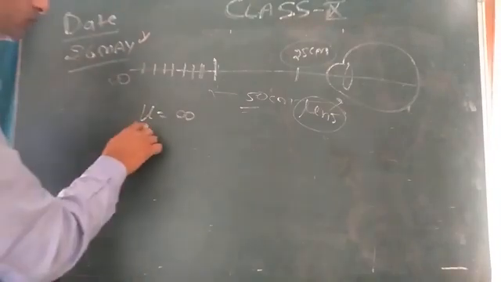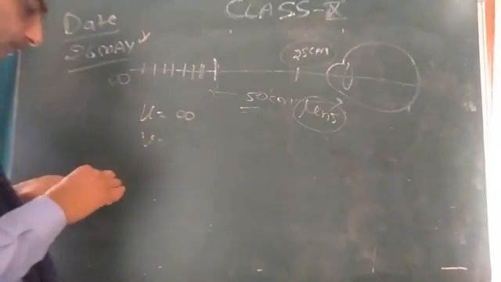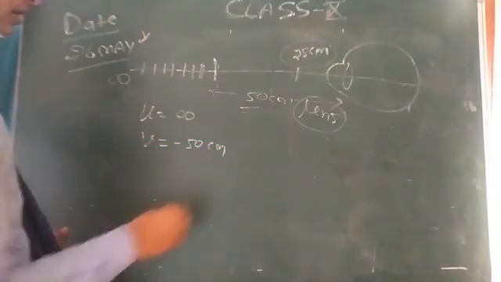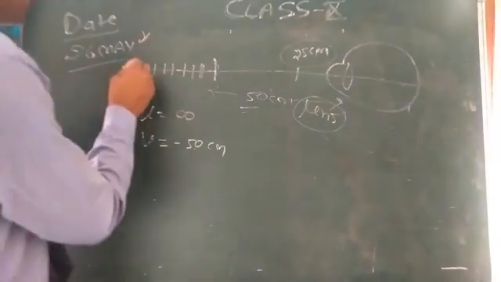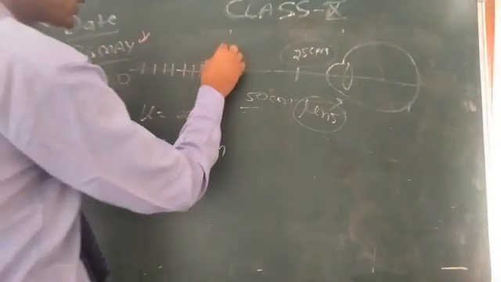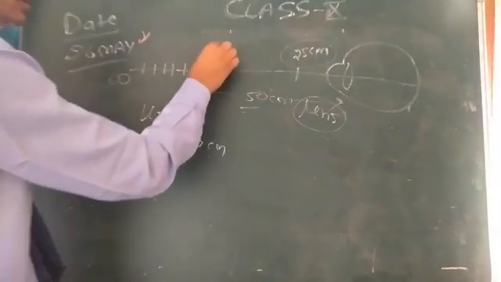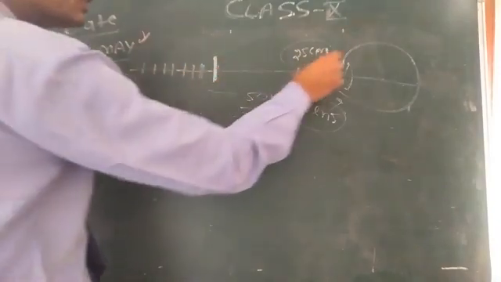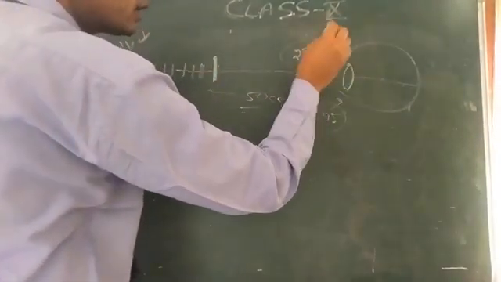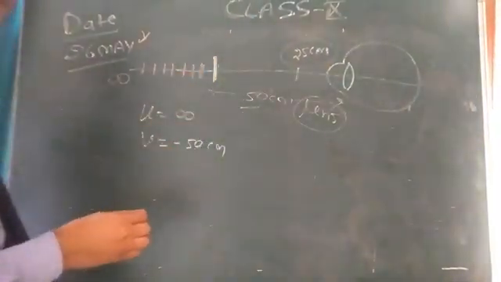So u equal to infinity and v equal to minus 50 centimeter, because when the object is placed at infinity the image is obtained at 50 centimeter, and this 50 centimeter is the far point of this myopic eye, and our eye can see this point easily.